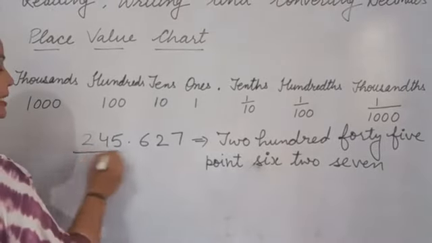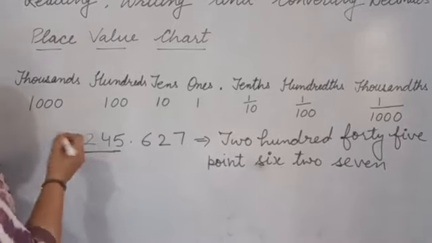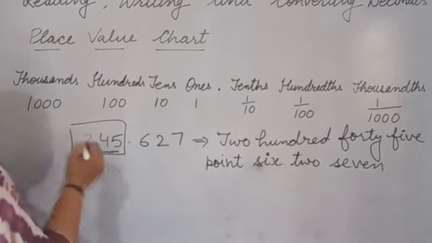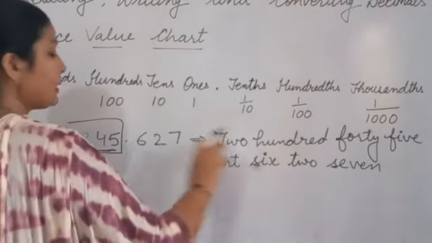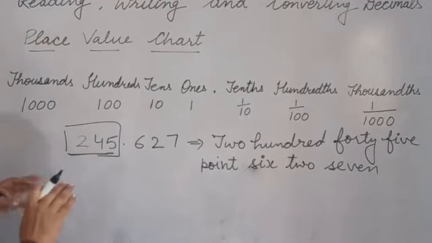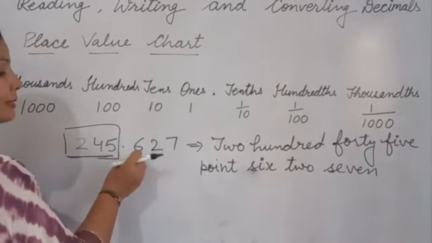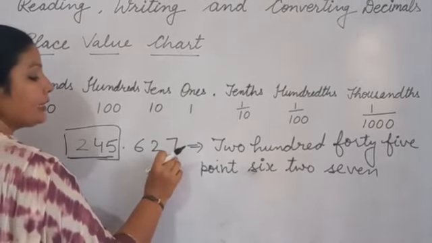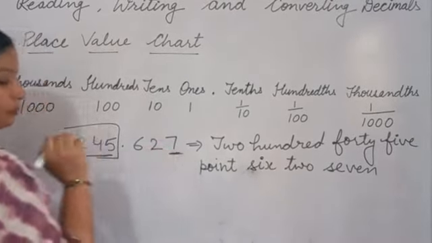First, the number will remain the same. Whether you read with this method or the second, the whole number will remain the same, 245. Then here we speak 0.627, but in the second method we will speak 245 and then 627, and we will speak it with the last column.